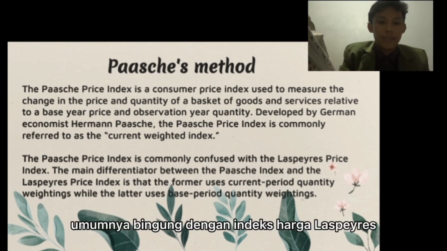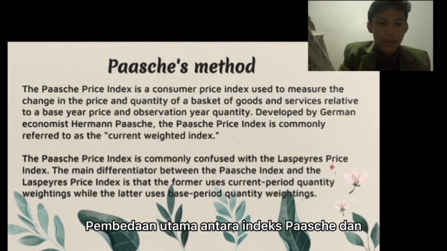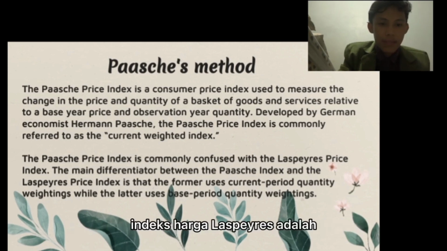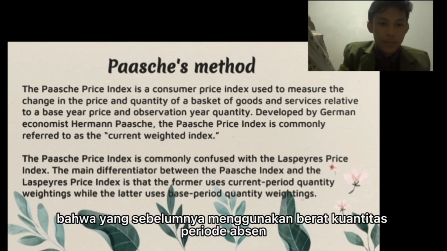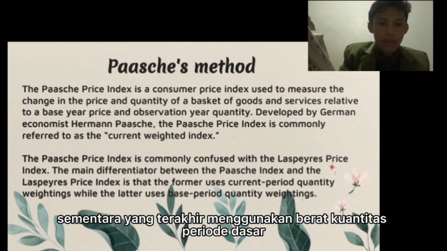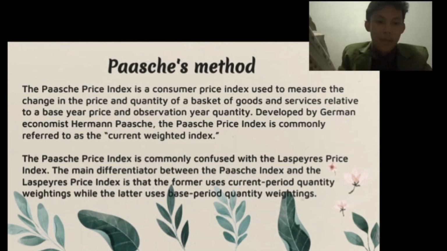The Paasche price index is commonly confused with the Laspeyres price index. The main differentiator between the Paasche index and the Laspeyres price index is that the former uses current period quantity weights, while the latter uses base period quantity weightings.